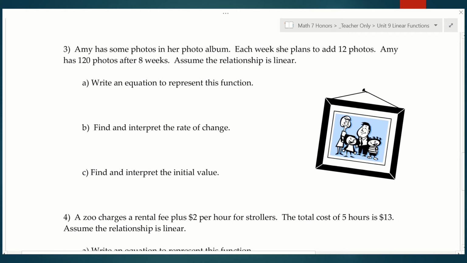Now, what's important here is that they told you the relationship is linear, okay? If we didn't know that, technically we wouldn't be able to write the equation of the line because we don't know if it's increasing by a constant rate, okay? So the first thing I want us to look at is this fact that she plans to add 12 photos each week, okay?